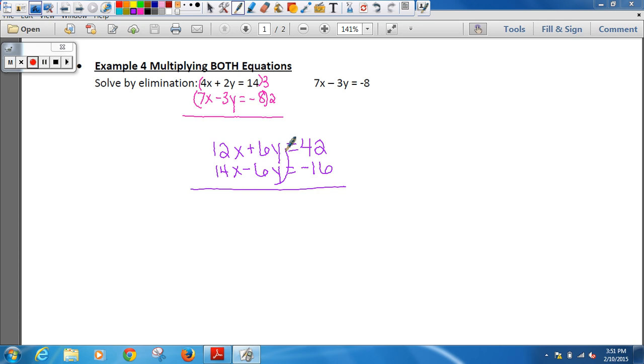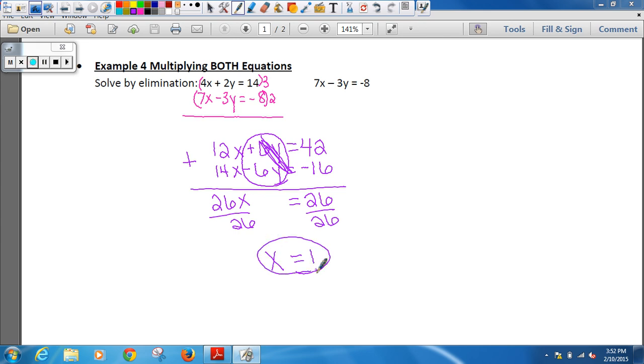If I look here, my common term is now my 6y. 6y and negative 6y, so I add to make them go to 0. 12x plus 14x is 26x is equal to 42 minus 16 gives me 26. Divide both sides by 26, and I get x equals 1.